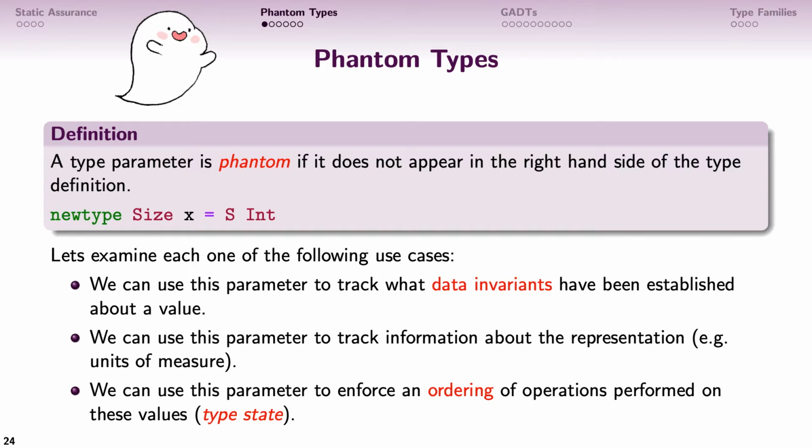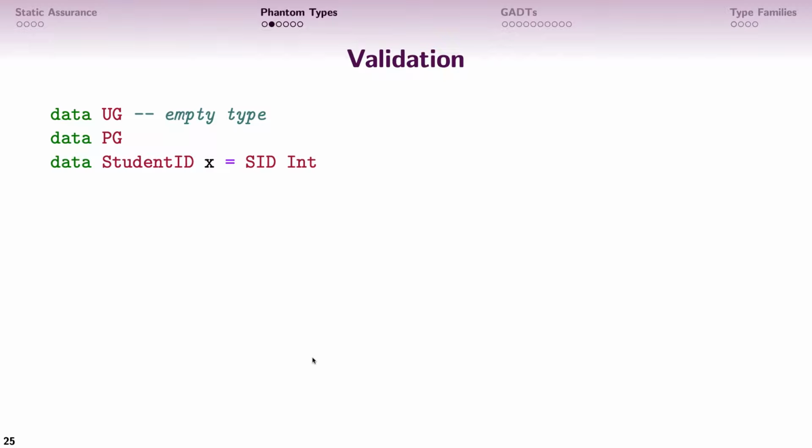So the first one we want to look at is data invariance, so specifically validation, right? So suppose I have a student ID data type, right? So internally, the student ID data type is just an integer. But students can be either undergraduates or postgraduates.